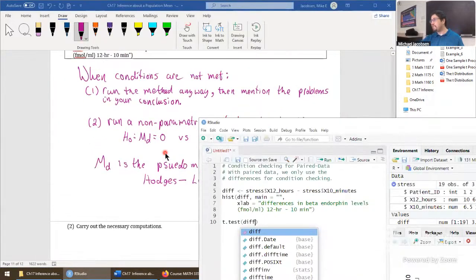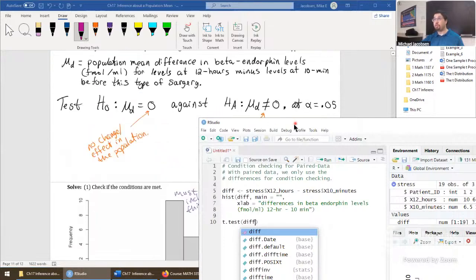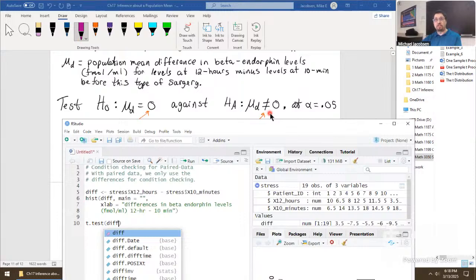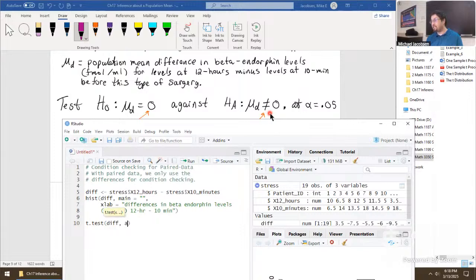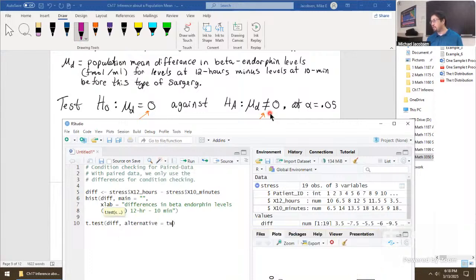Next thing you want to give to t.test is information about your hypotheses, very important. Now, the default is the two-tailed test, but this is a really good habit so that when it's a left-tailed test or a right-tailed test, you're always knowing you're adjusting that type of test. Always write this in, alternative equals, I just hit enter here when it auto-completes, two.sided.